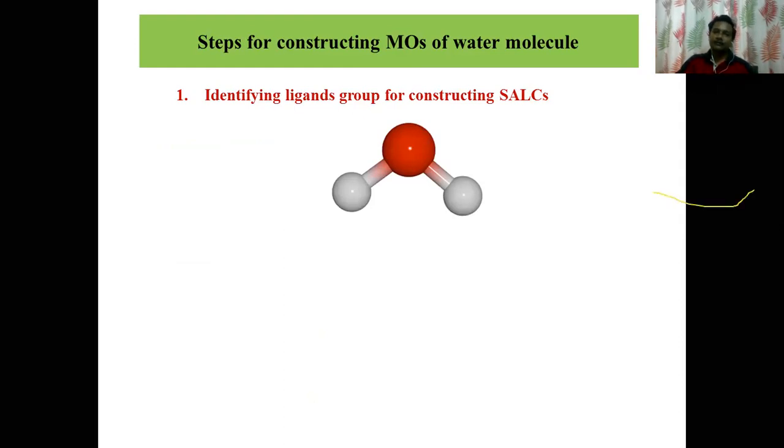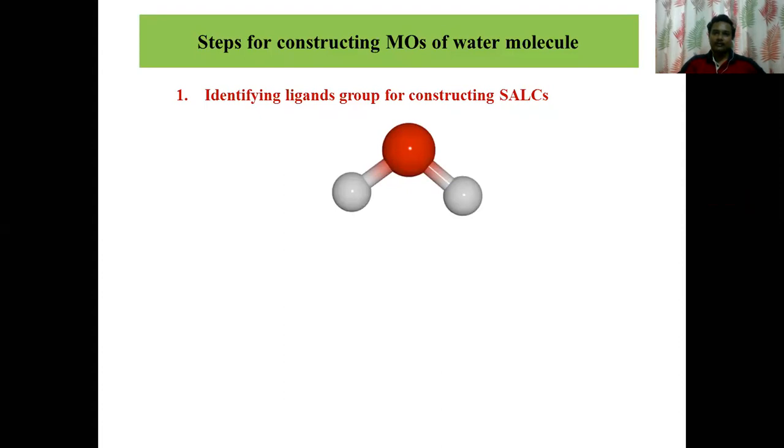So now, initially you have to think about this water molecule. The first thing is that we need to know the point group, right? So we know that this is going to be C2v, right? Okay. Now, what do we have to do?